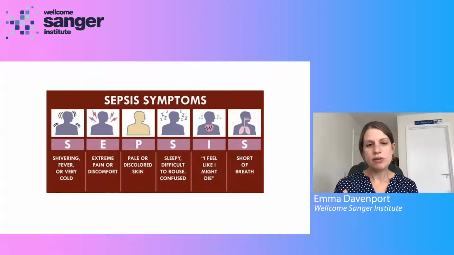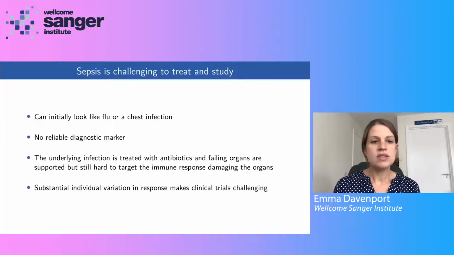What you can see though from these symptoms is that there's no single symptom that can be used to diagnose sepsis, and they can be quite variable, and this can look quite similar to other conditions. So for example, sepsis can initially look like flu or a chest infection, and because we don't have a reliable diagnostic marker, this makes sepsis very challenging to treat and to study.